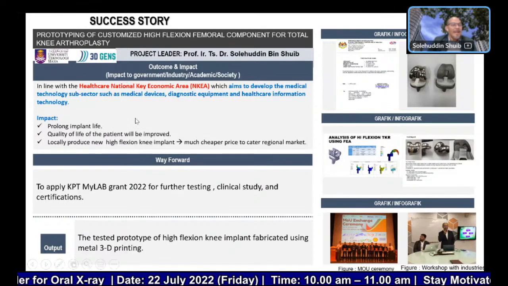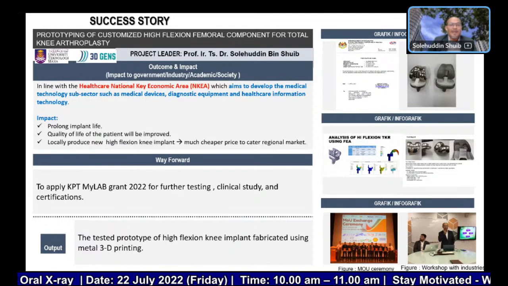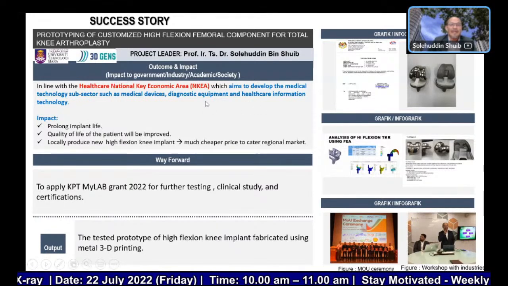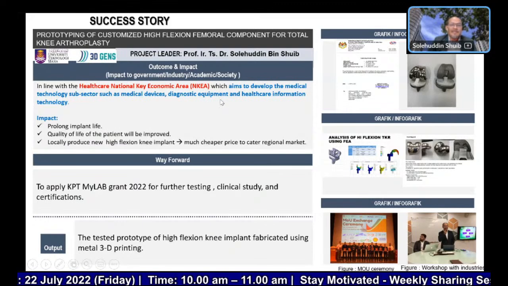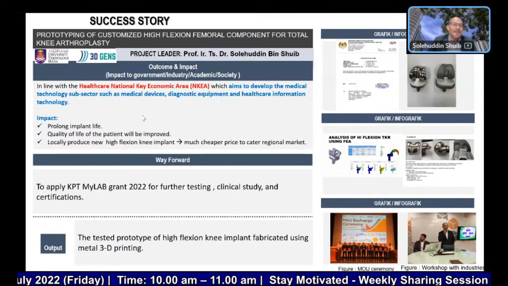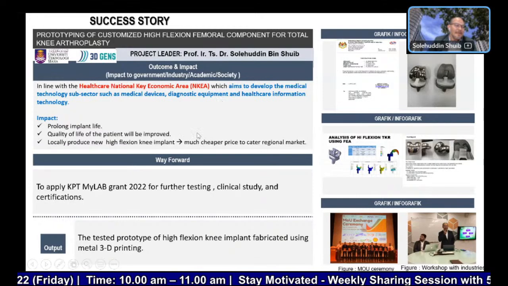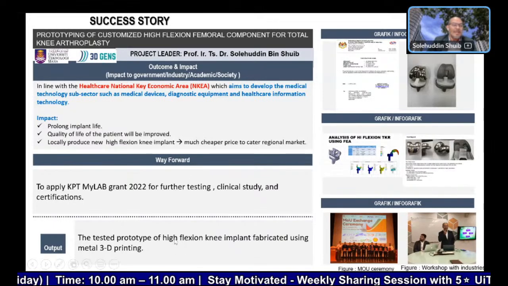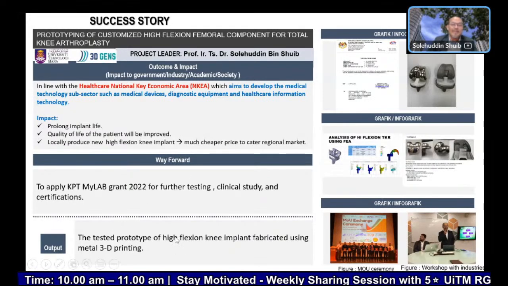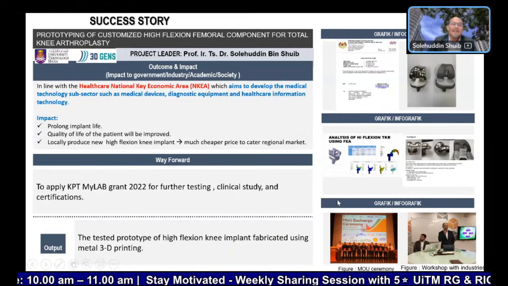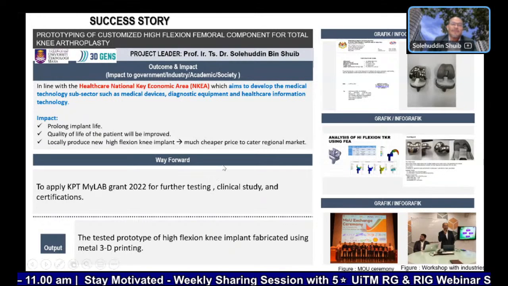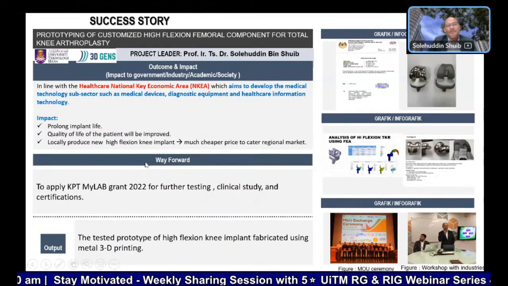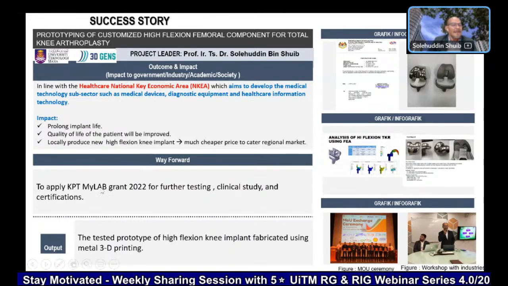The impact of the project is that we have successfully obtained a tested prototype of the high flexion implant using metal 3D printing, and as a spin off we have filed IP.